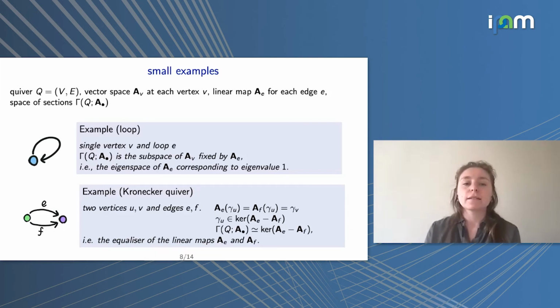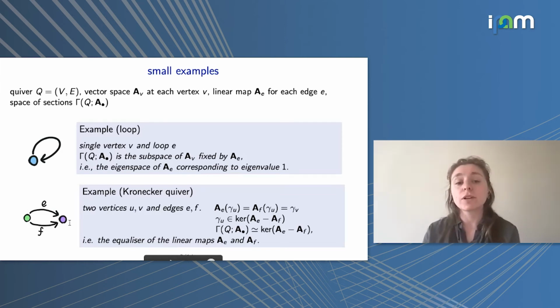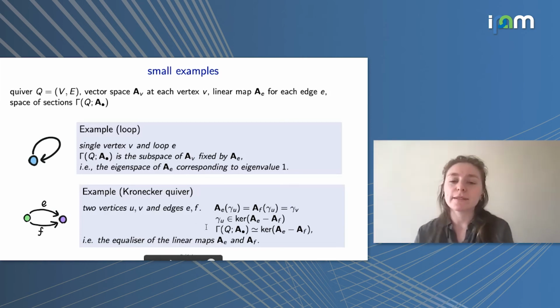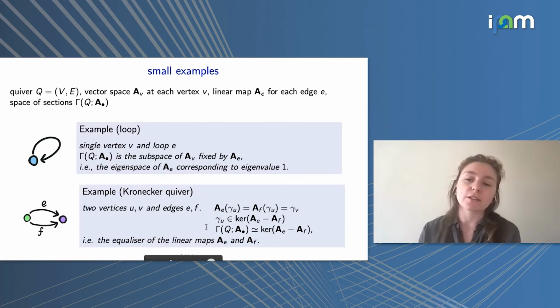And then if a loop or this Kronecker quiver occurs as a sub-quiver of some larger quiver, then we would want to apply these kinds of arguments to restrict the space of sections of the overall quiver by imposing the restriction of that sub-quiver.